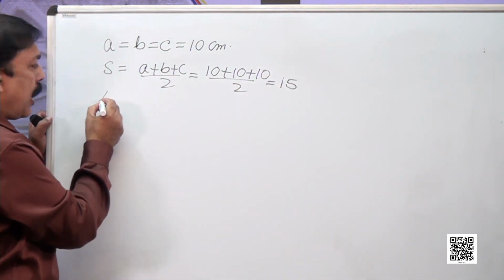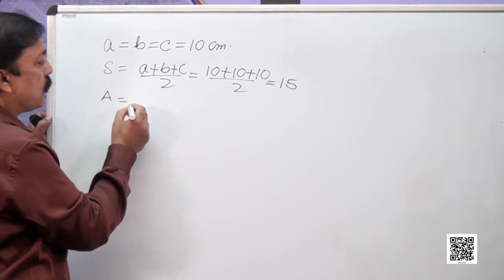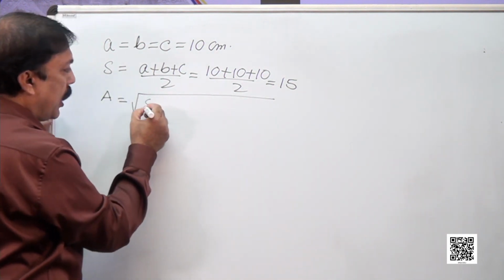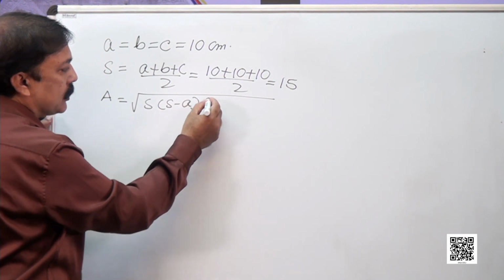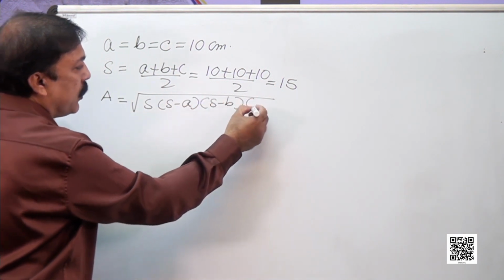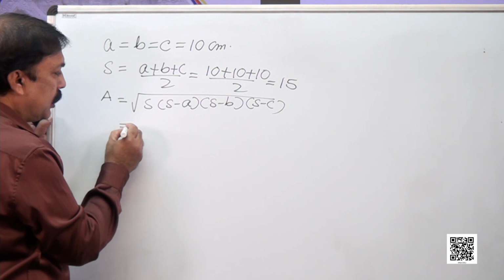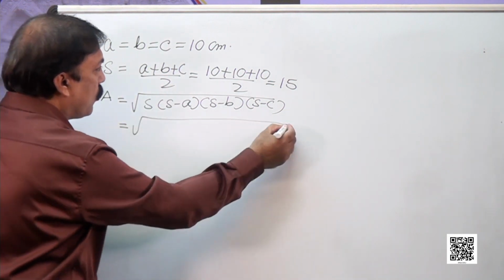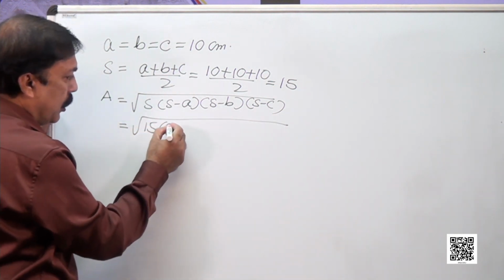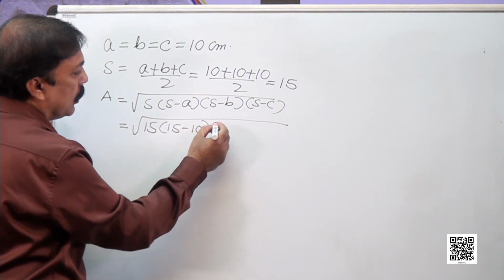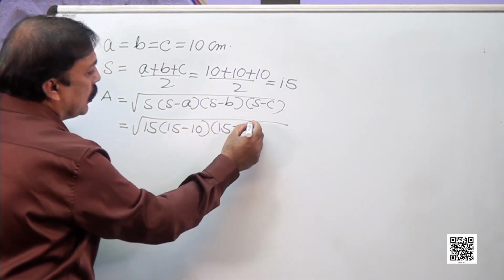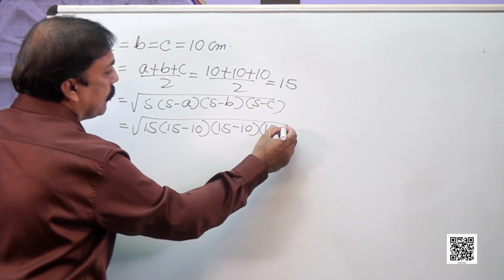So area of the triangle is equal to square root of S into (S minus A) into (S minus B) into (S minus C), that gives square root of 15 into (15 minus 10) into (15 minus 10) into (15 minus 10).